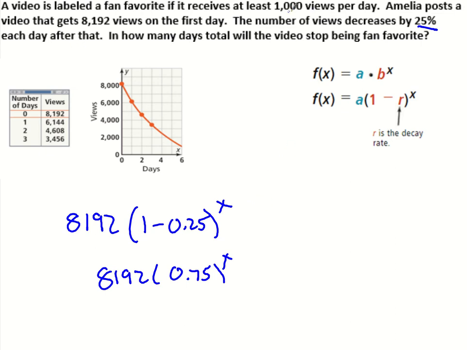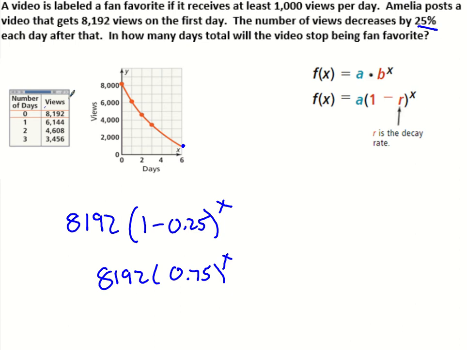Now, to answer this question, I would want to graph it to figure out when it is going to dip below 1,000 views. On this graph, I can see right here it'd be on day 6, because this would be 1,000 views. Again, we would make a table and start graphing our function.